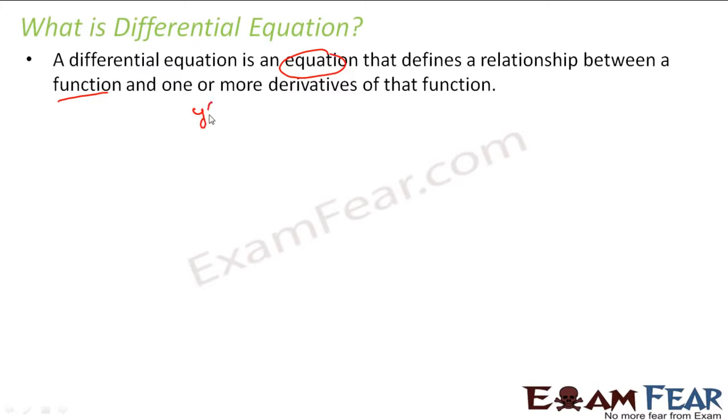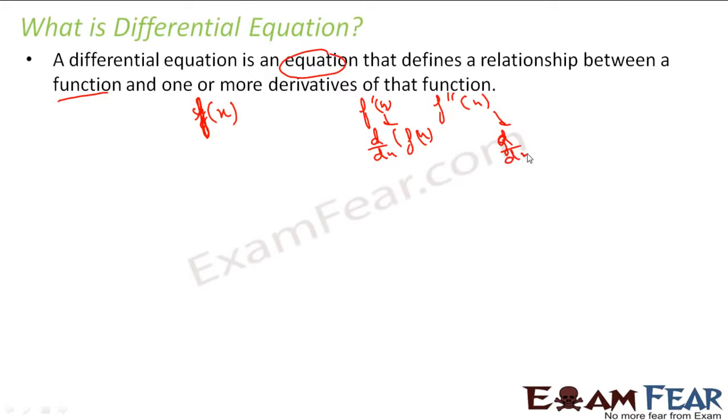Let's assume y(x) be a function, or let f(x) be a function. And derivative of the function will be f dash x or f double dash x. What is f dash x? d/dx of f(x). What is f double dash x?